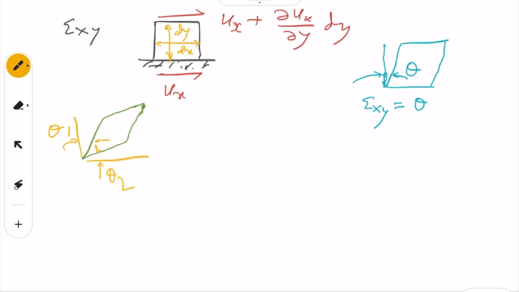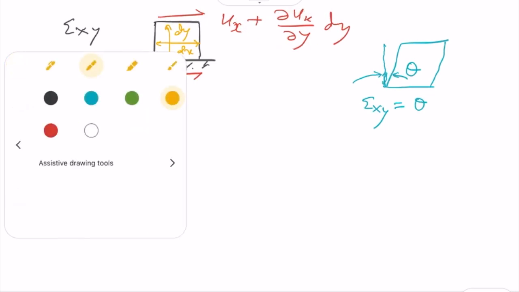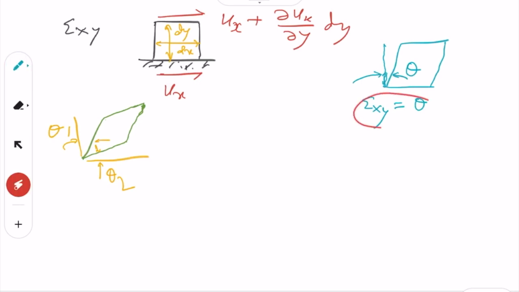Then how to find out? The way we found out, this one is ux plus del ux over del y times dy, and hence the angle here, I forgot to write the angle here. So epsilon xy equal to theta will be equal to the difference from here to here divided by del x.